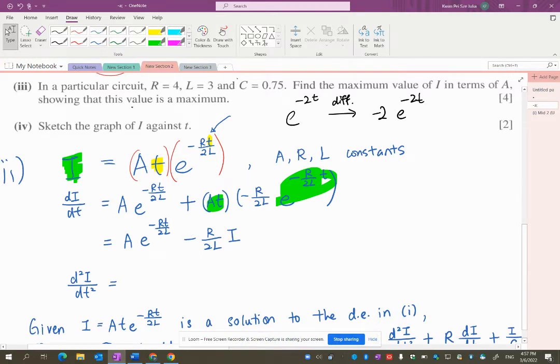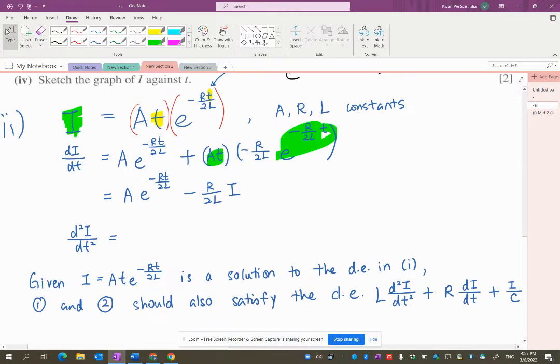Okay, so now we're going to find the second derivative. For the first term, it's just one term with a constant, so we don't have to use the product rule, we just differentiate this. So this would be A. Same thing, differentiate e. This is a constant, take note. R and L are constants. So when we differentiate minus Rt over 2L, we get minus R over 2L, which is the constant multiple.